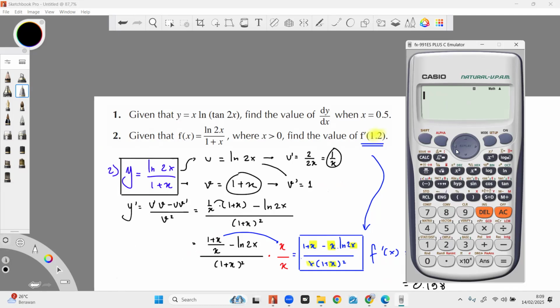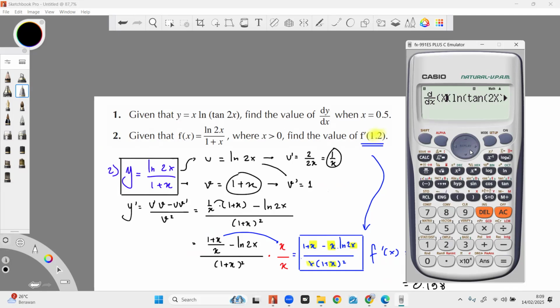Try, guys. Number 1. Shift this, x times ln tan 2x, right? Tan 2x. The x is 0.5. Wait, something is wrong again. Close the bracket here. Huh?